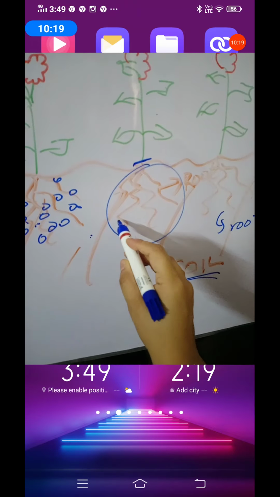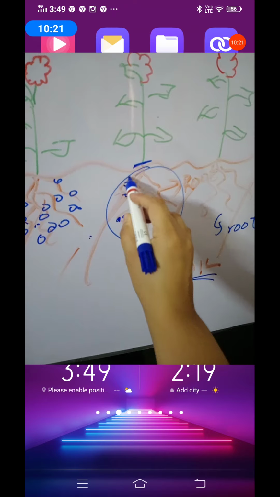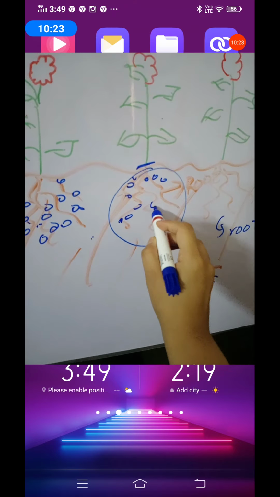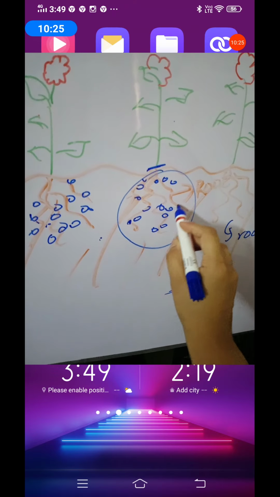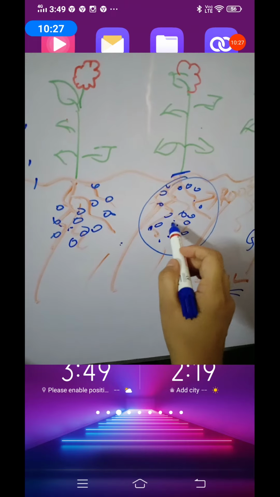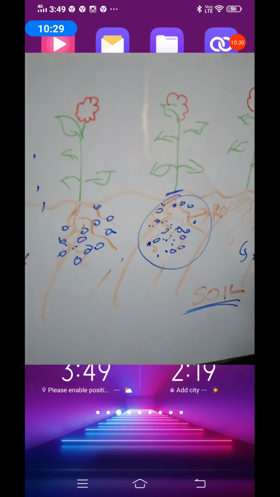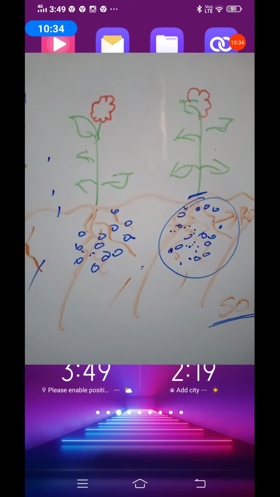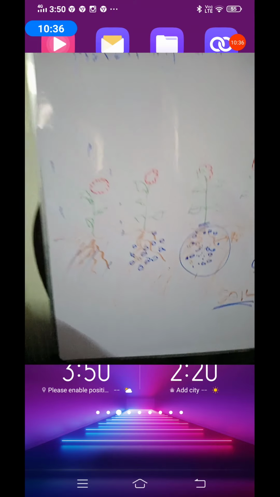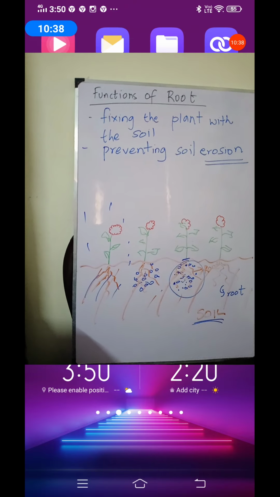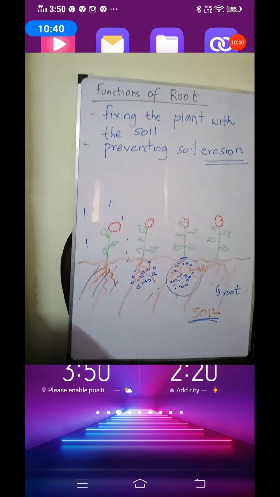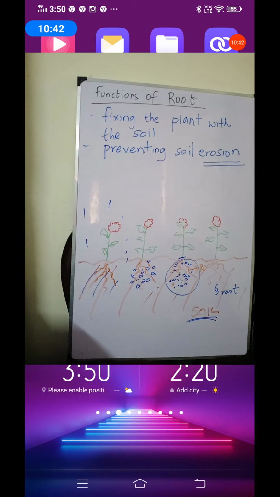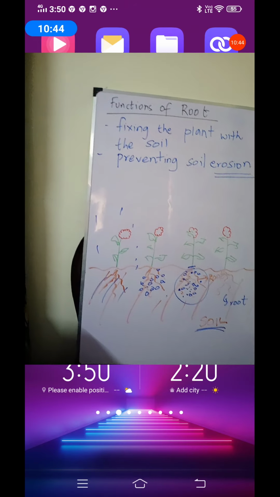All right. The soil particles are held by, this is the mud and the soil, the important things. Okay, so who's holding this? The roots. Okay, so what is the meaning of erosion? Going, flowing. Okay, so what are my roots doing?